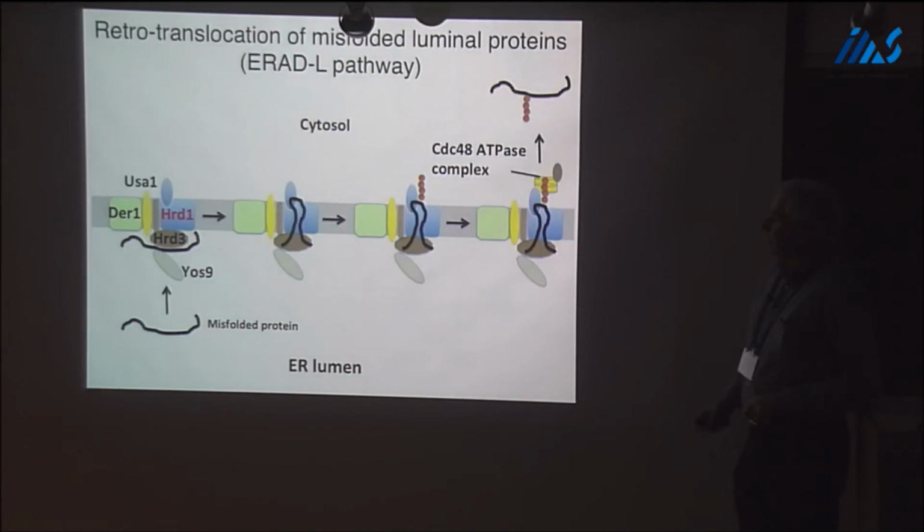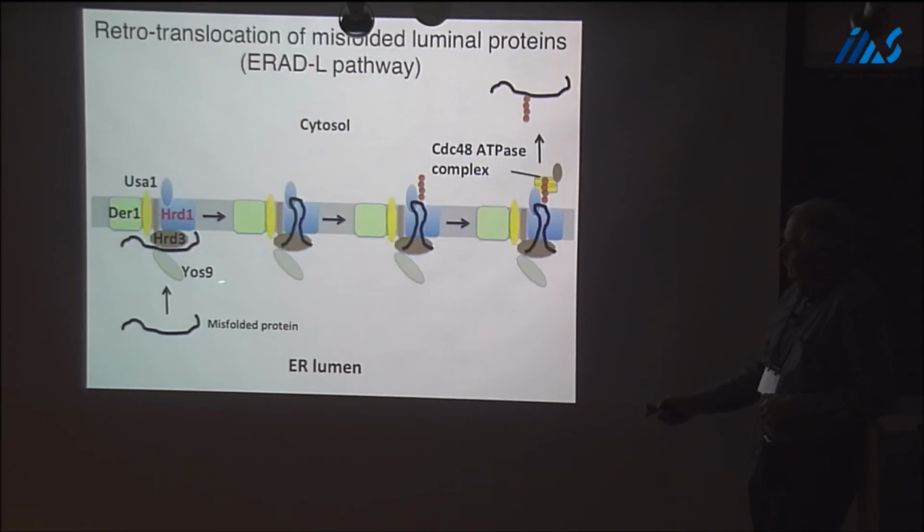So this slide shows how ERAD-L works, or what the components are. As I said, we have identified, we meaning the field, almost all components, probably all components that are involved in ERAD-L. So we're starting out in the ER lumen with a misfolded protein, and then there is this complex of five different proteins in the ER membrane.